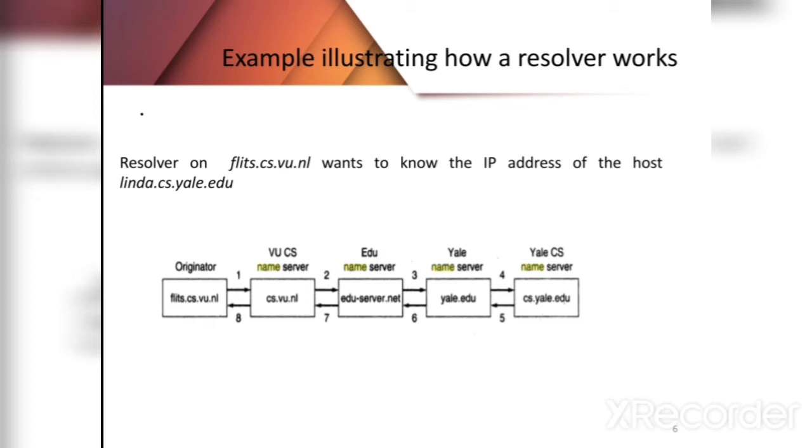It doesn't have the response, so it approaches the next level server, that is edu.server.net. Here also it does not have the corresponding response. So it moves to the next level, yale.edu. Then it moves to the next detailed level, that is cs.al.edu. So this is the server which holds the record and the relevant information.